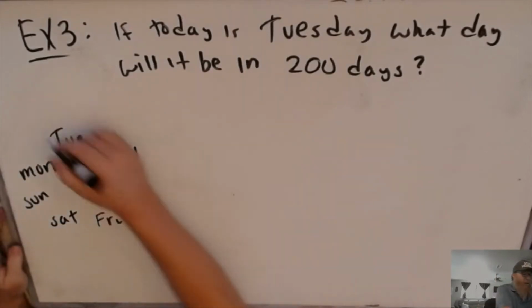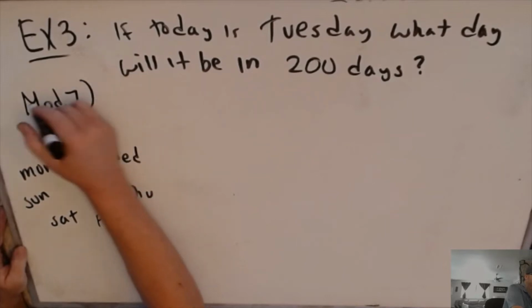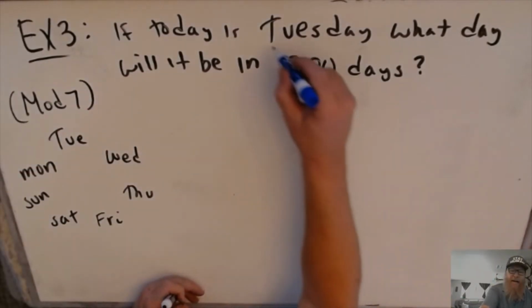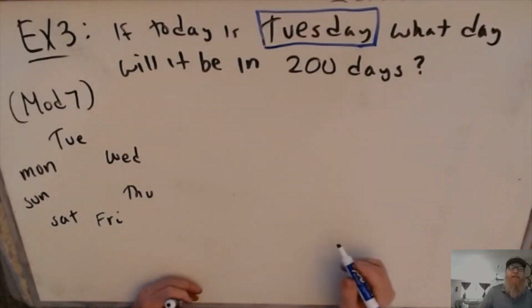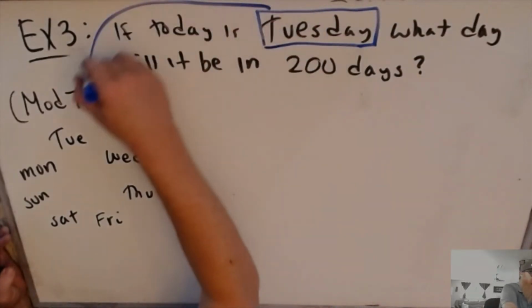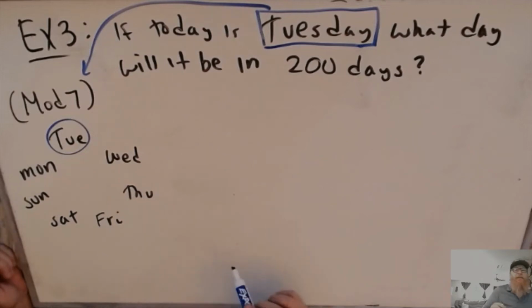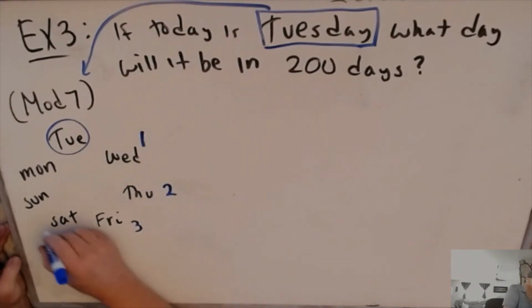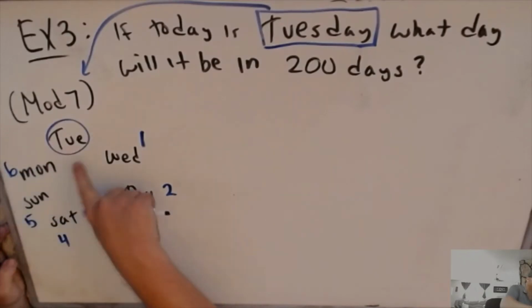So this is what we call mod 7. There are 7 days. Today is Tuesday. So 7 will act like 0, and then 1, 2, 3, 4, 5, 6.